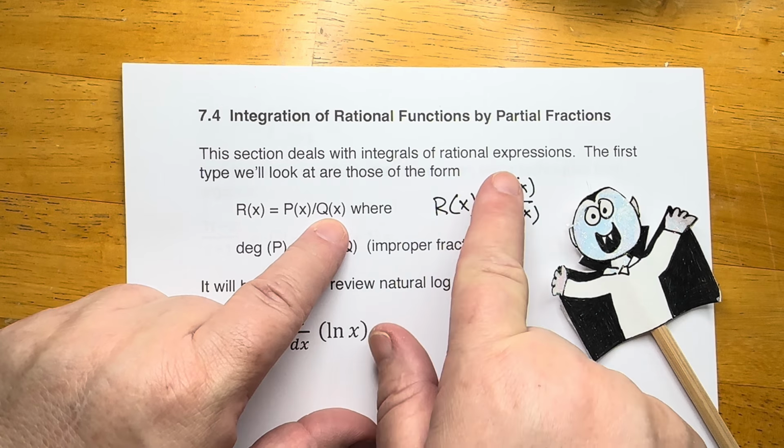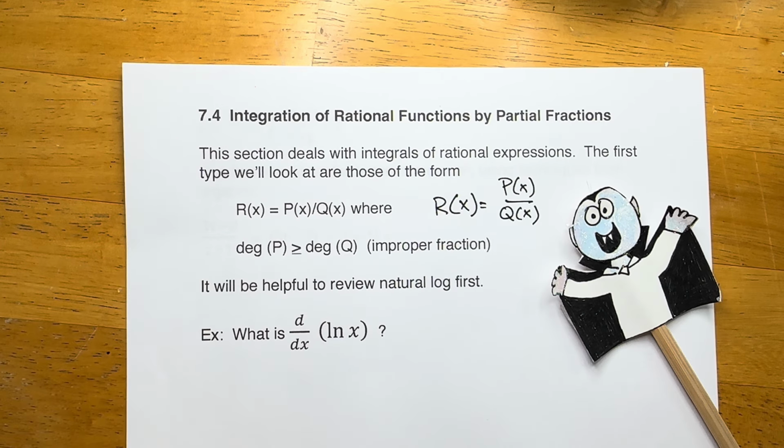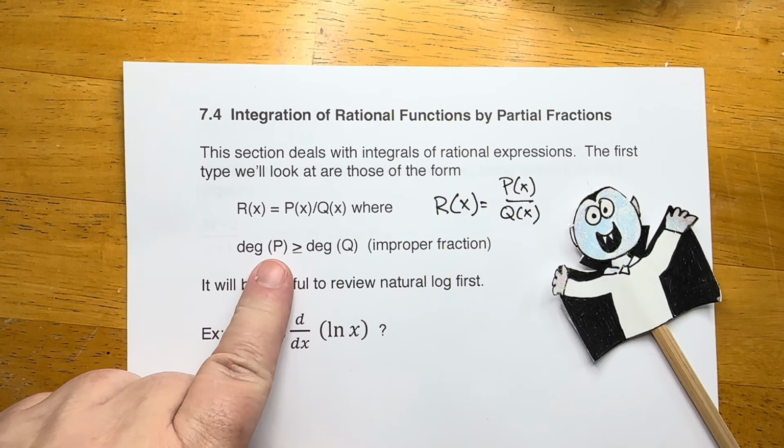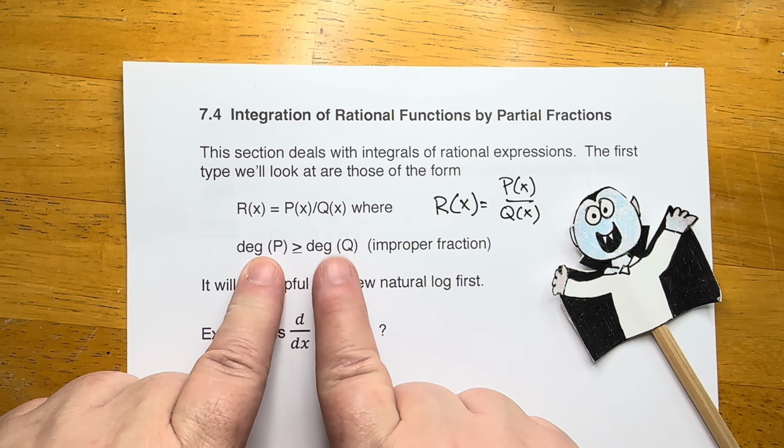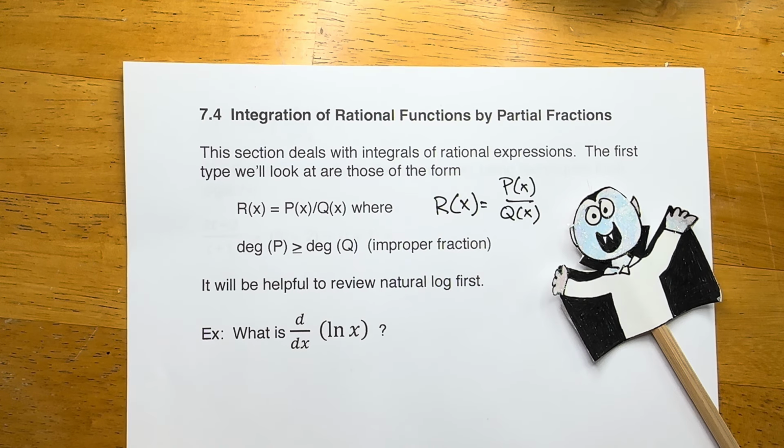And I've written it out vertically as well, in case that helps: R of x equals P of x over Q of x. And specifically in this section, we're ultimately going to be working with situations where the degree of the numerator is greater than or equal to the degree of the denominator. So in other words, this is what is commonly called an improper fraction.